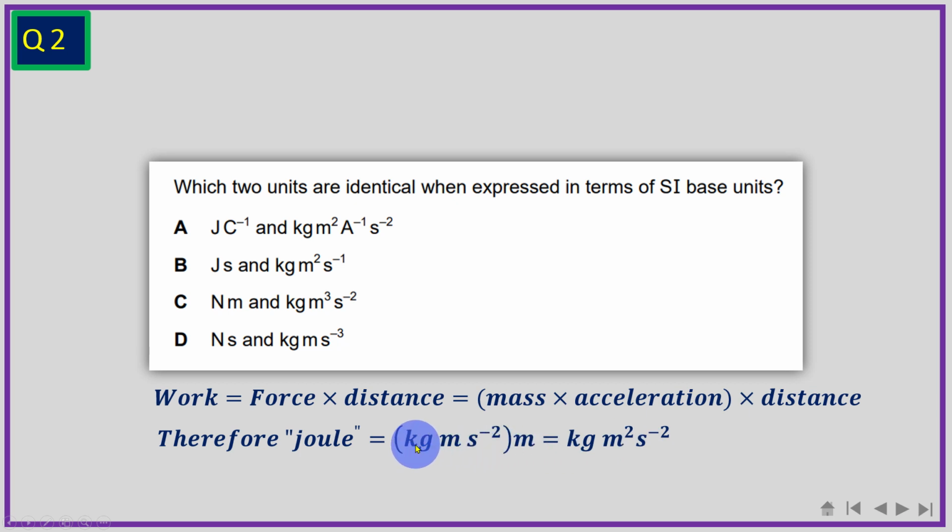and it is kilogram, the SI base unit of mass. Meter per second squared is the SI base unit of acceleration, and of course meters is the SI base unit of length or distance. When you combine them, when you multiply this meter by this meter, that's how we get meters squared.